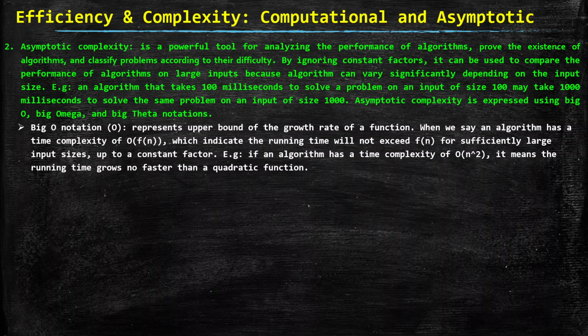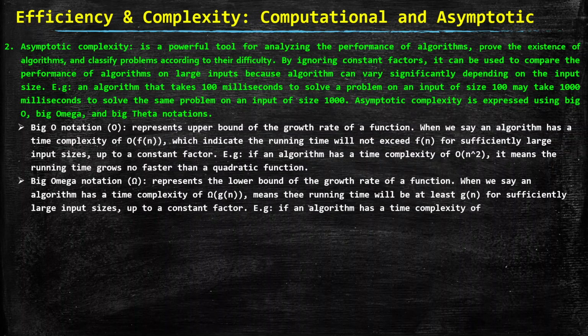For example, if an algorithm has a time complexity of big O of n squared, it means the running time grows no faster than a quadratic function. The square is also read as quadratic.